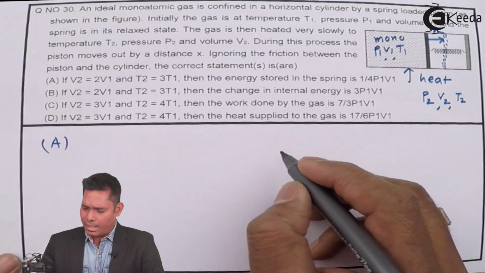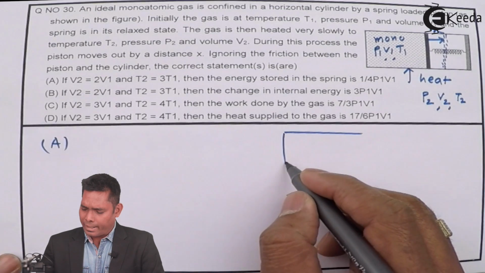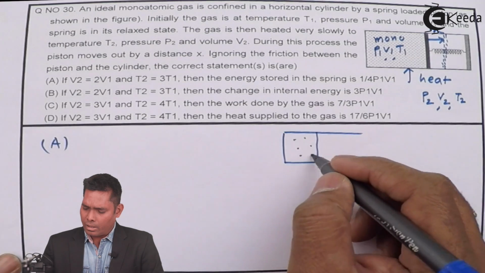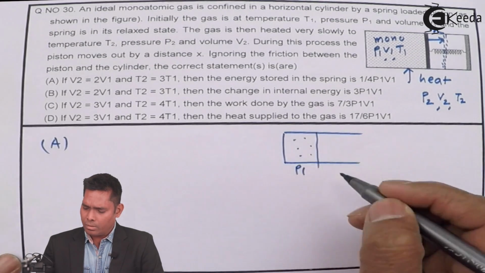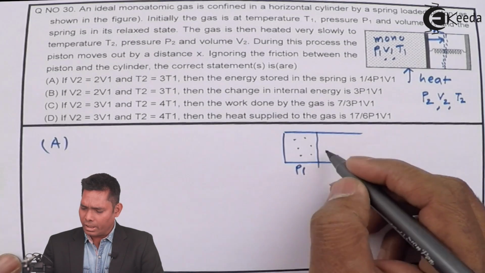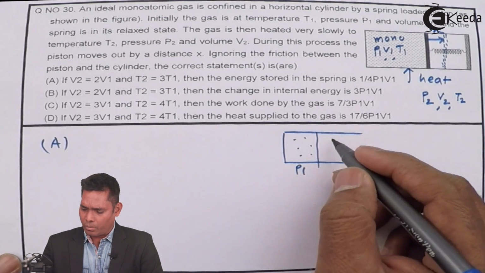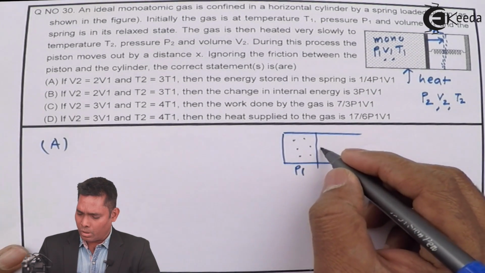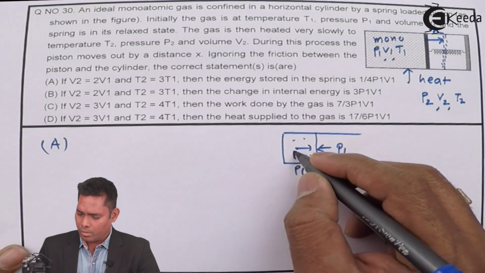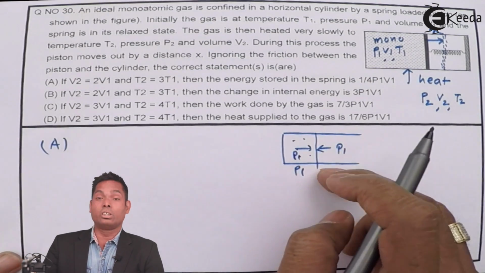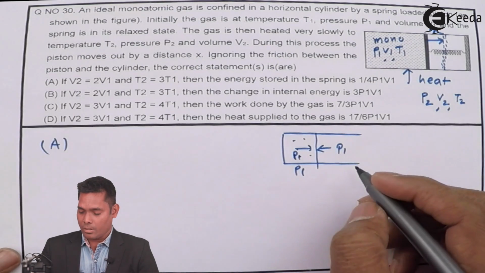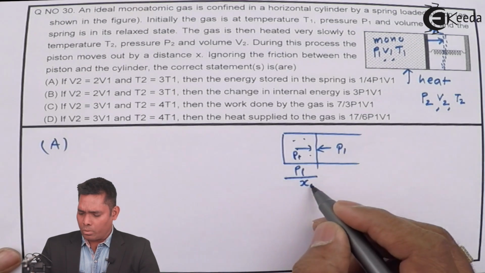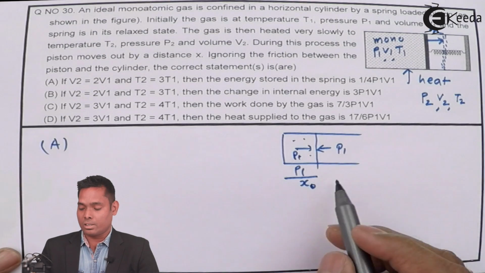Initially you have a diagram like that, with a piston and a spring. Here the pressure is P1, and on the other side whatever the atmospheric pressure is balances with that, so it is in equilibrium and the spring is in its relaxed state. This distance I call x0 when the spring is in its natural state.